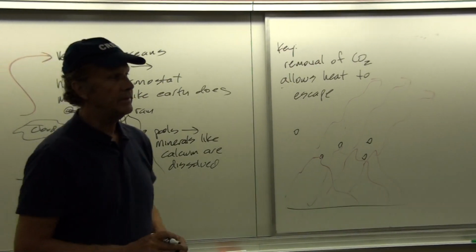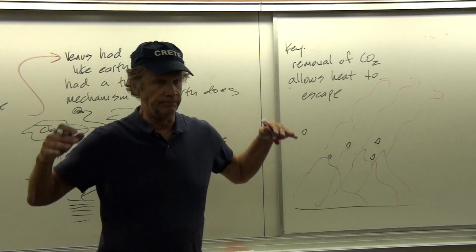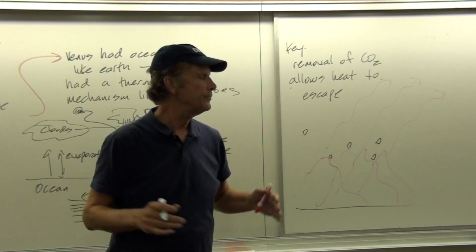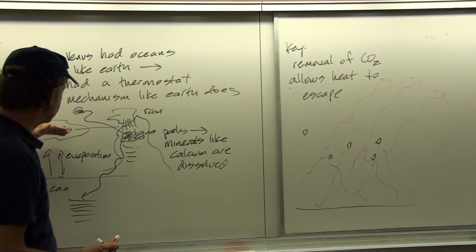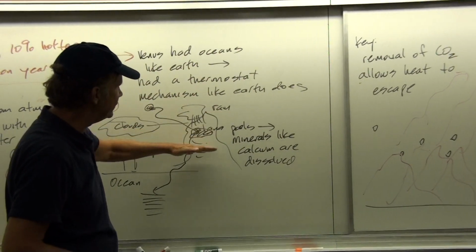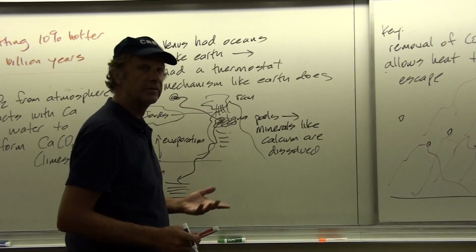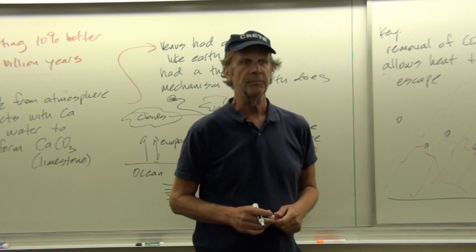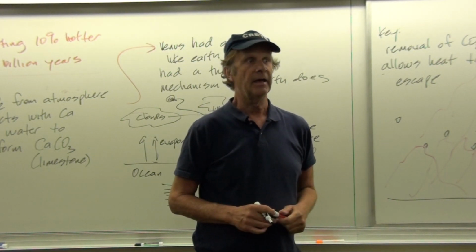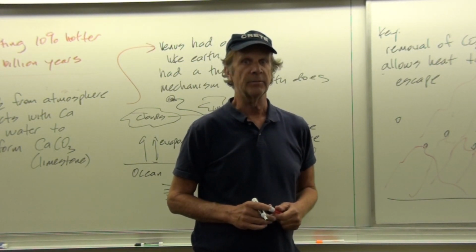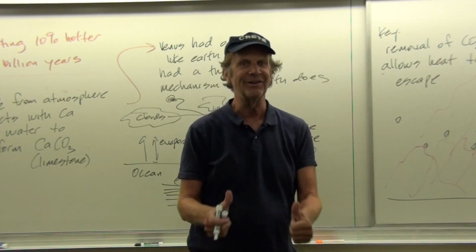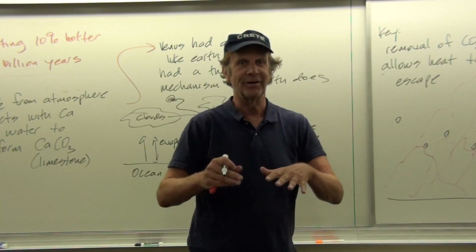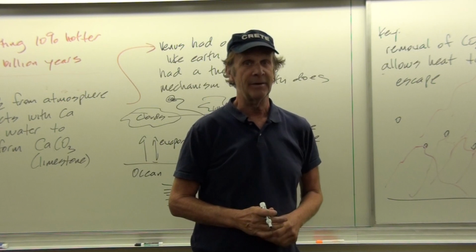When things get really cold, then the oceans freeze over. You don't get the evaporation, you don't get the cloud formation, you don't get the rain, and you don't get the formation of calcium carbonate rock, and so that shuts down that thermostat mechanism and allows the CO2 that's being released from volcanoes to heat things back up again.